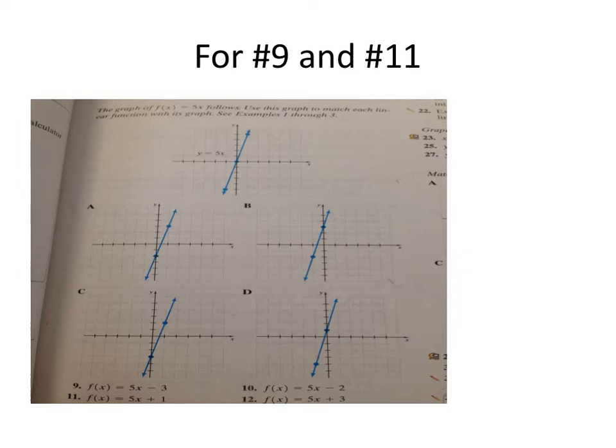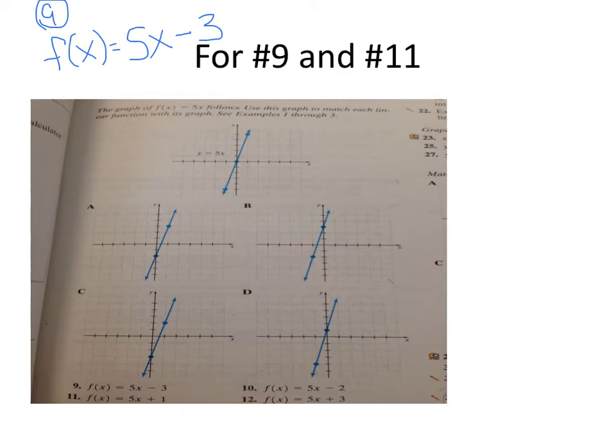The first thing we would do is find our y-intercept. Our y-intercept is at -3. This is number 9, 5x minus 3.